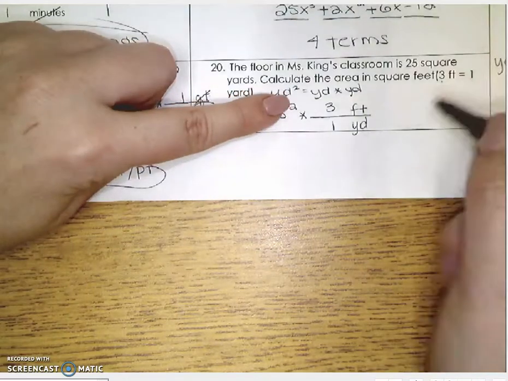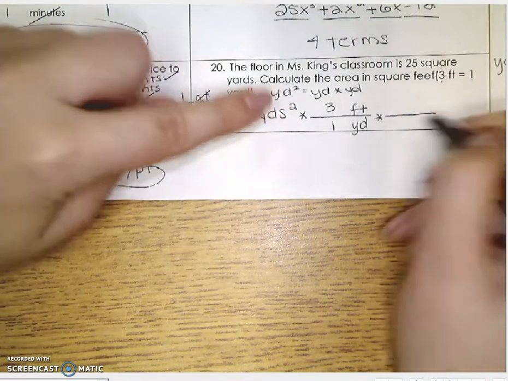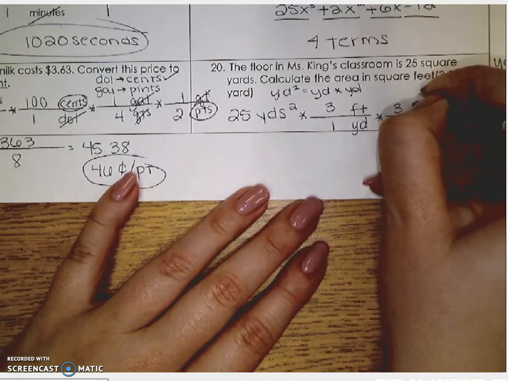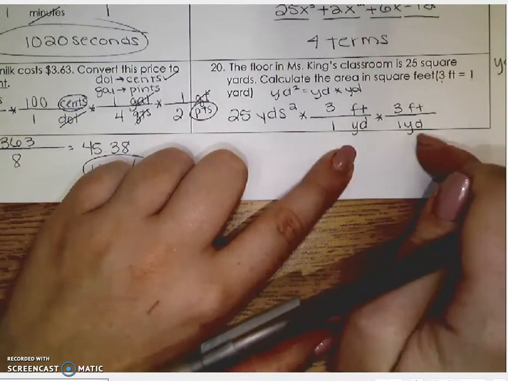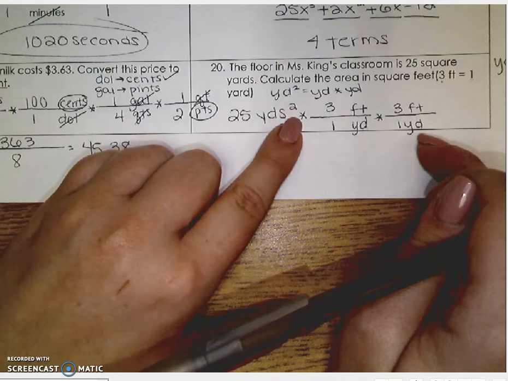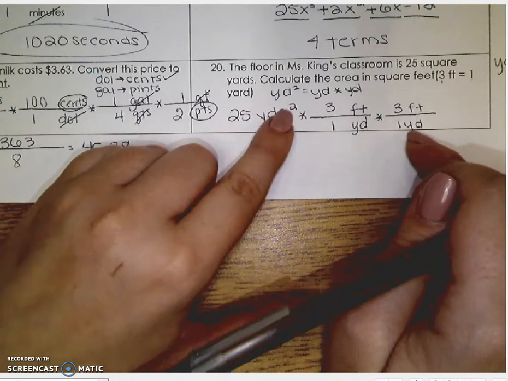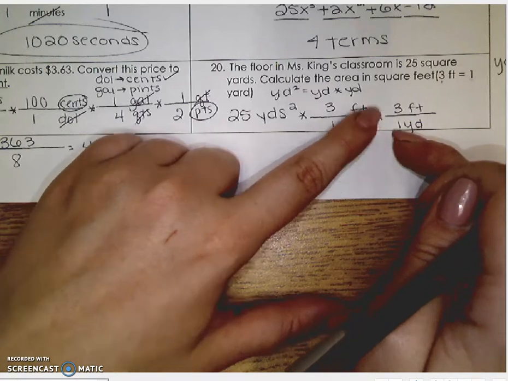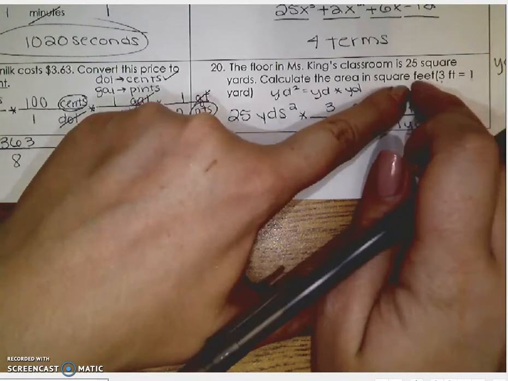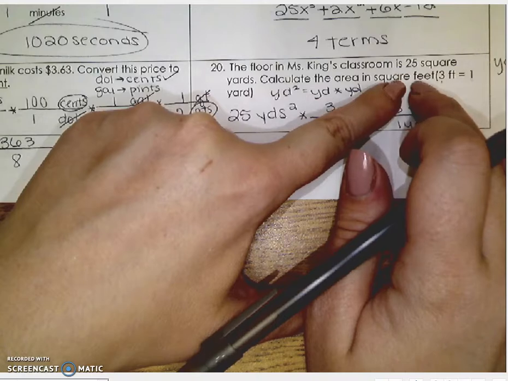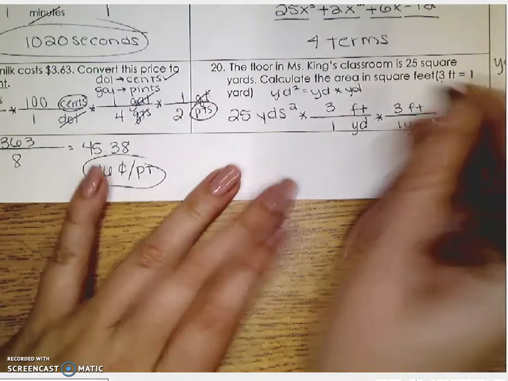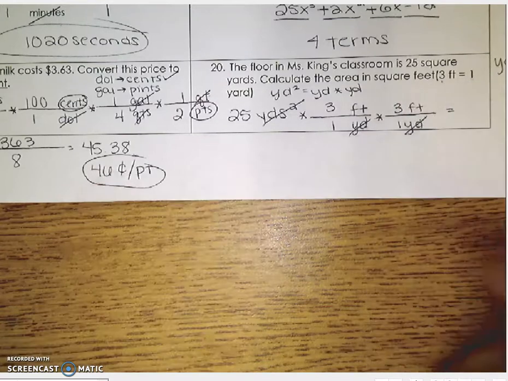So because I have a 2 up here, I'm going to have to cancel it out 2 times. So I'm just going to write the same thing twice because of this squared. Yards squared will be canceled out from yards times yards, and I'll be left with feet times feet, which is exactly what they want. They want square feet, and square feet is feet times feet. So yard squared cancels out yard and yard.